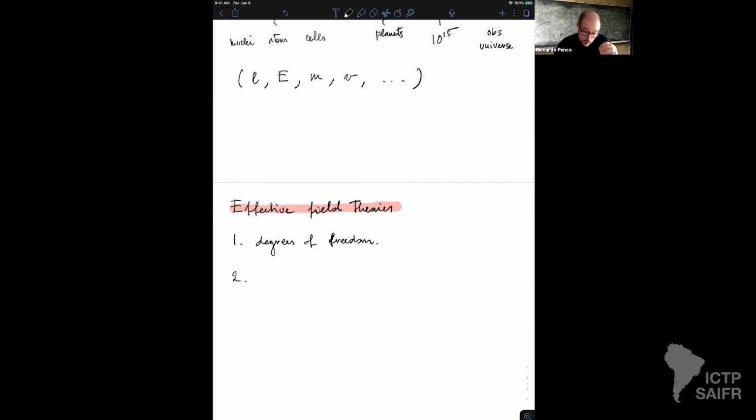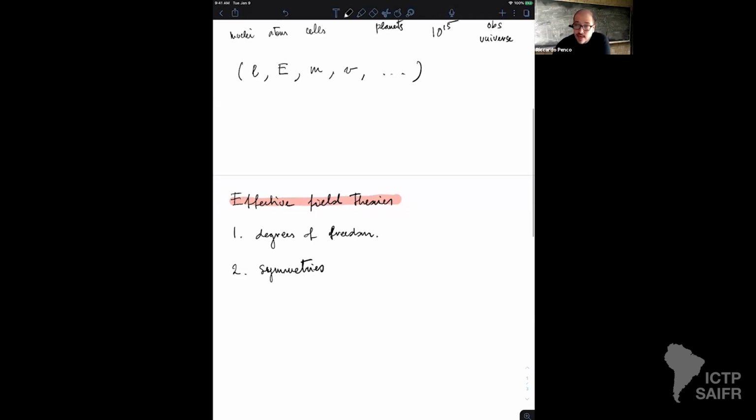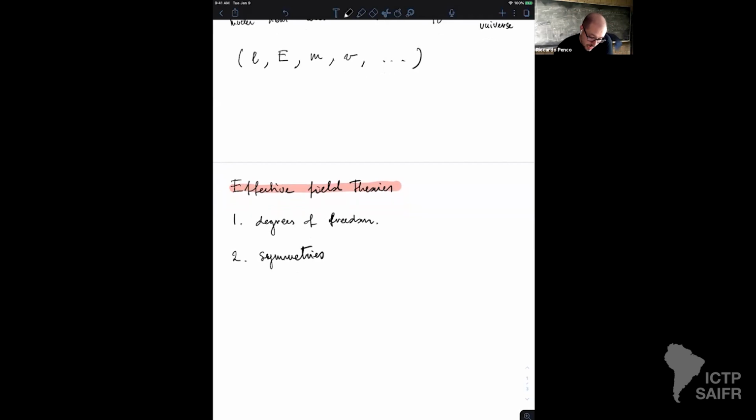The second input that you need to give is the symmetries that constrain the dynamics, or if you want, the form of your effective action. And now symmetries can come in a variety of ways, right?